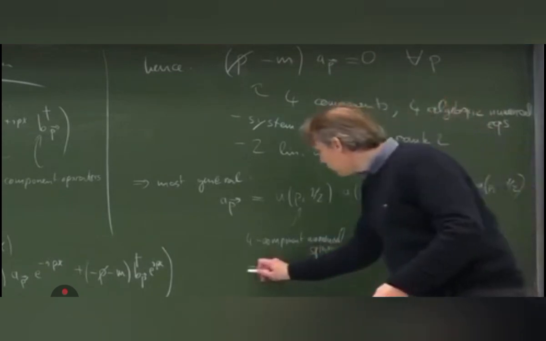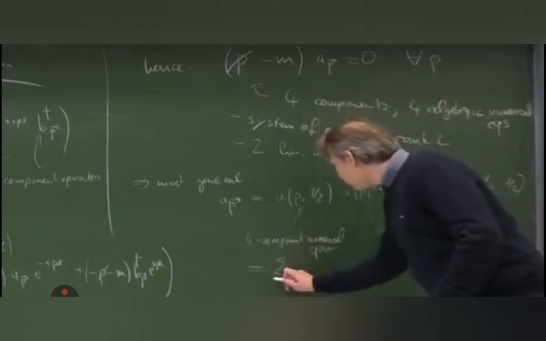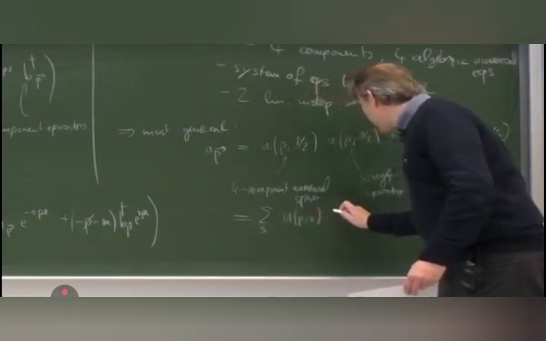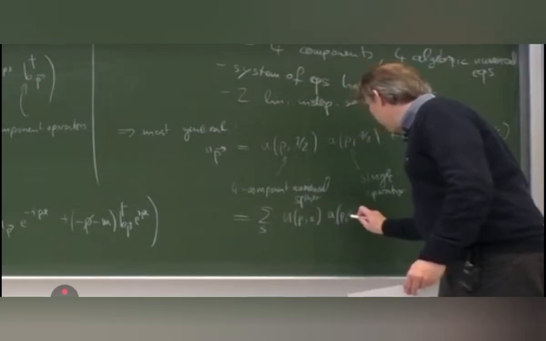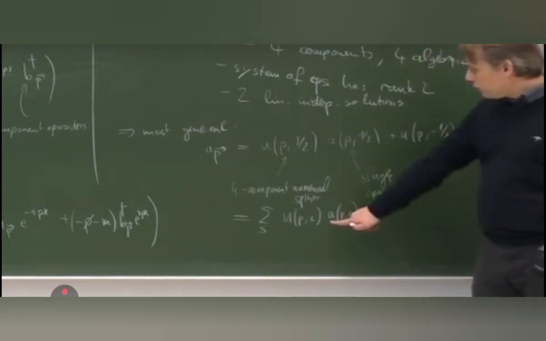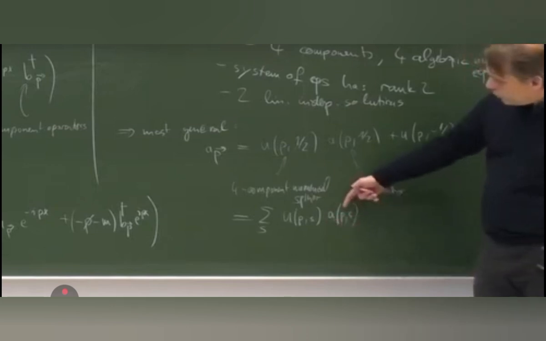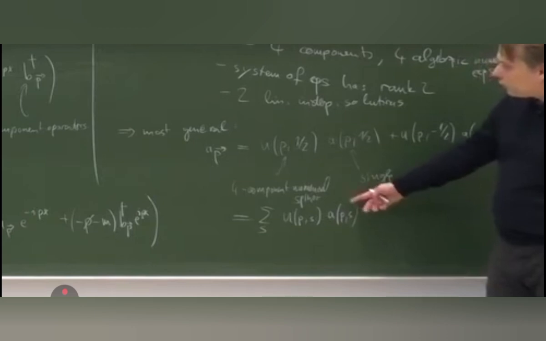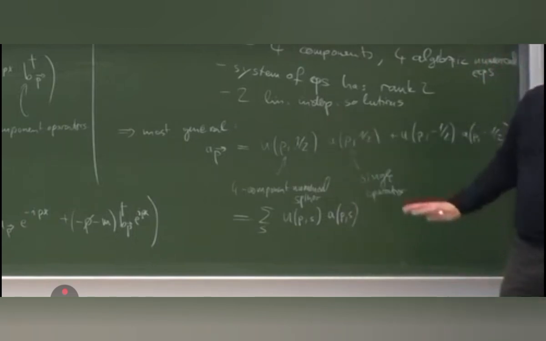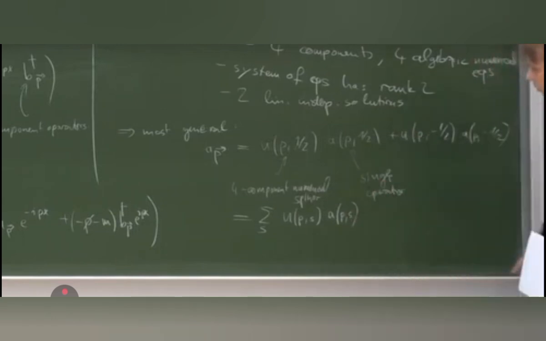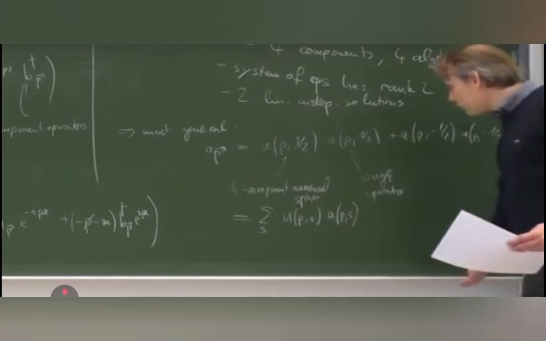We can write this compactly as a sum over s of u of p, s times a of p, s. The important point is we have two operators for each p, labeled by s equal to plus or minus 1/2, where we do not yet associate any meaning to this s. It might mean spin, but we don't know that yet. But anyway, we have two, that is for sure.